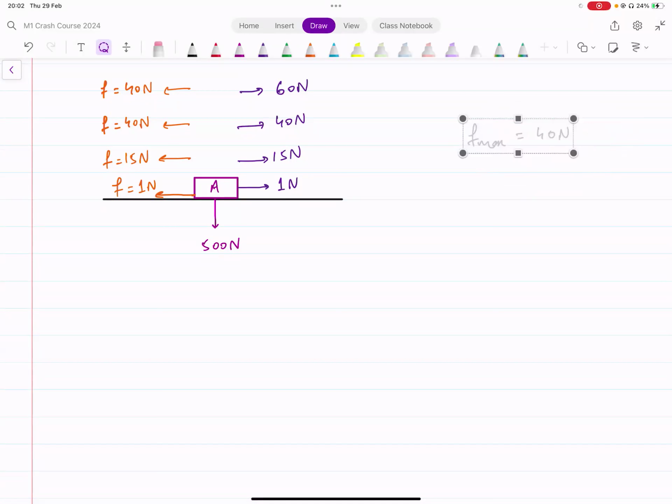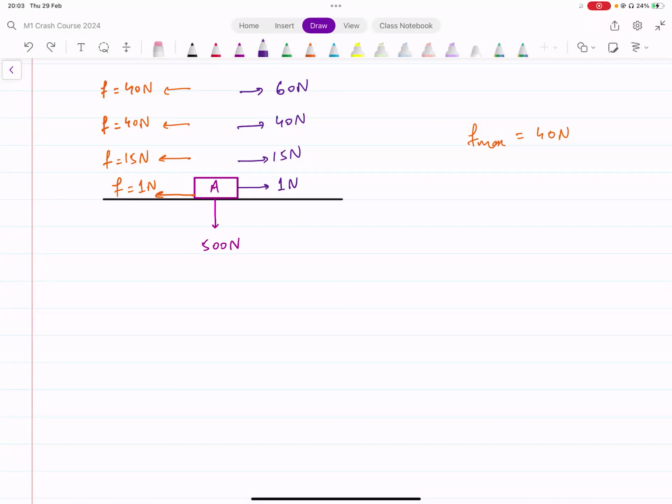This maximum value depends on two things. Why do we have friction between surfaces? Because there's some roughness between the surfaces, right? The surface might be rough. The object surface might have some roughness. Because of that, this friction exists. So this maximum value of friction actually depends on two things.